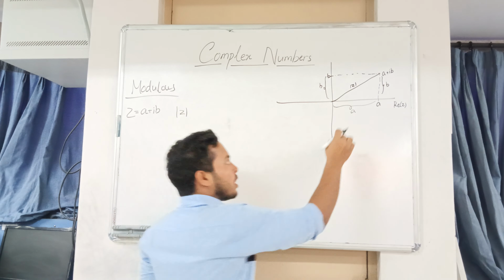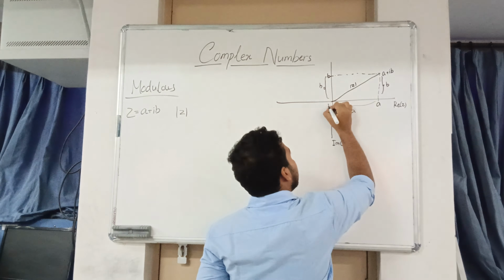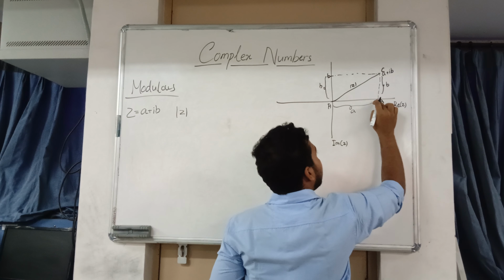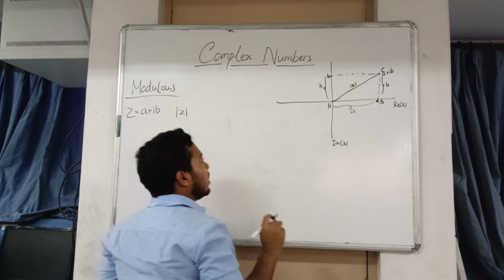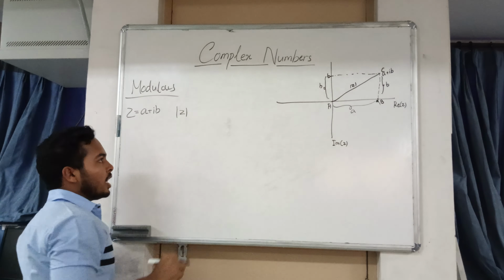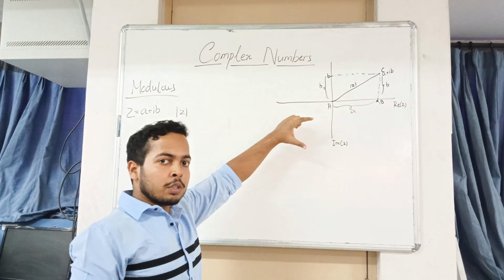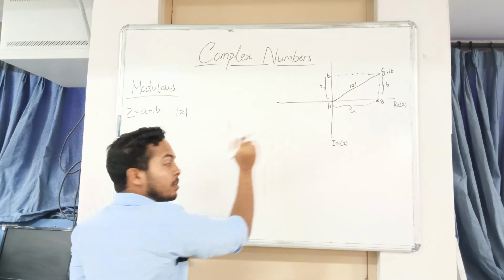Okay. Now look, this triangle is a right angle triangle. So let's first name it. Let this triangle be named ABC. Now, in triangle ABC, if I use the Pythagoras theorem, I have hypotenuse squared is equal to perpendicular squared plus base squared, and the hypotenuse is mod z.